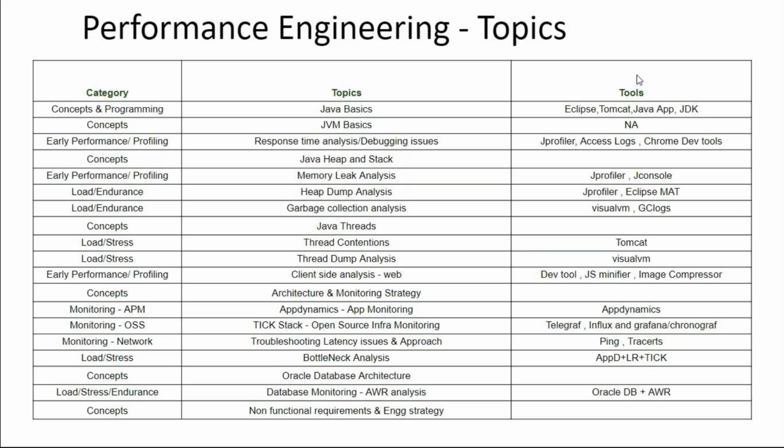That is shift left, the early performance engineering that we have to do. For every new functionality, we have to profile it to understand whether the response time is good or bad. If it is not good, then we do CPU profiling to find the hotspot. Same thing for memory as well. So we'll get started with response time analysis right away from tomorrow.